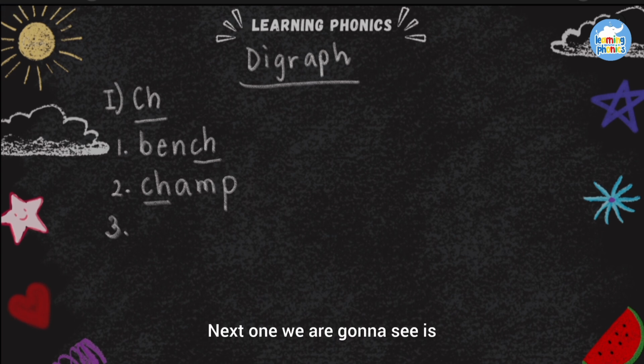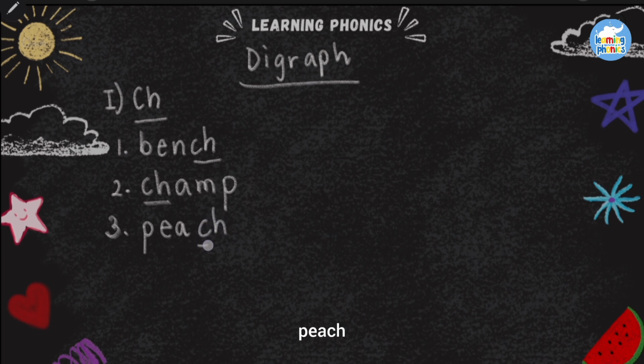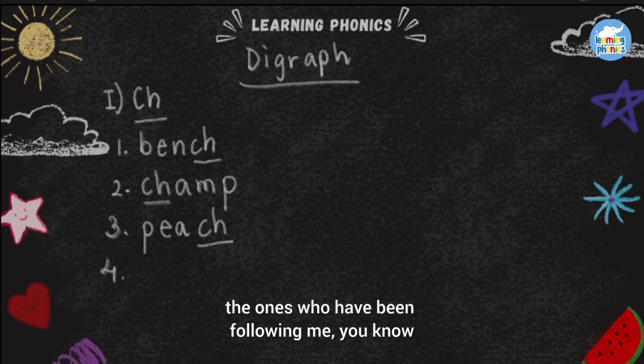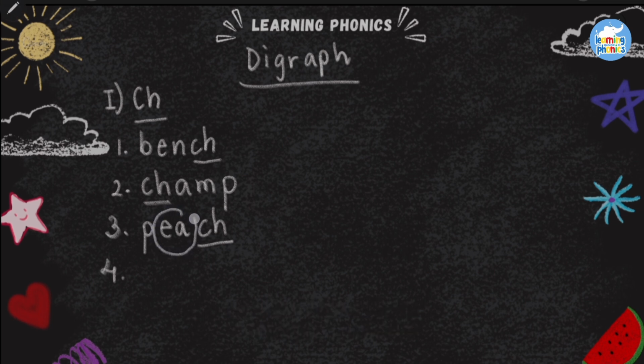Next one we're gonna see is peach. See, EA is a vowel team. Number 4. The ones who have been following me, you know this.